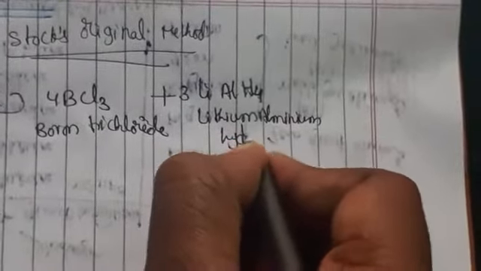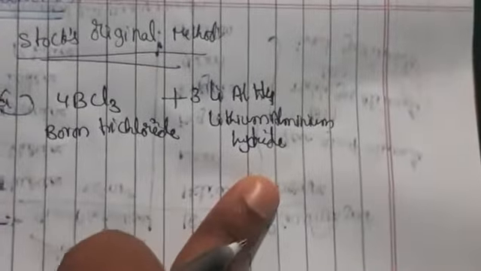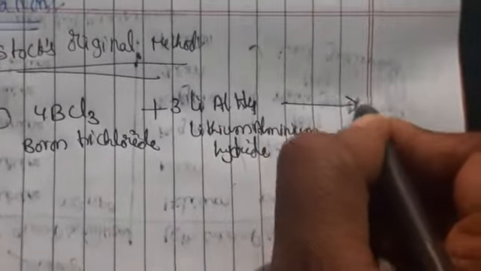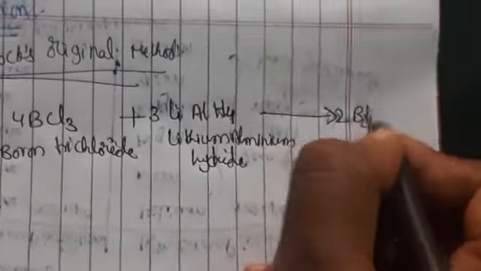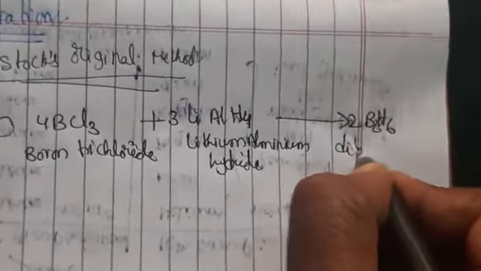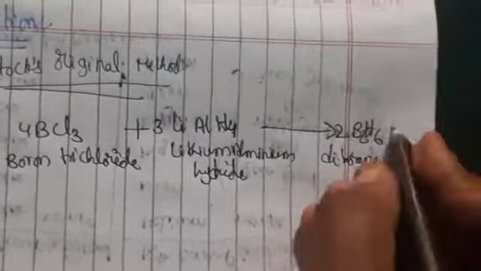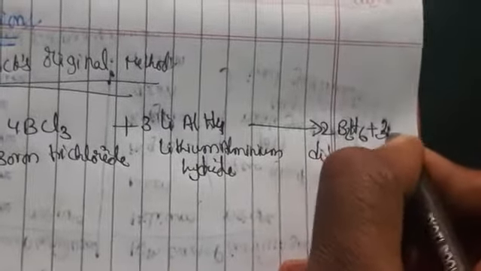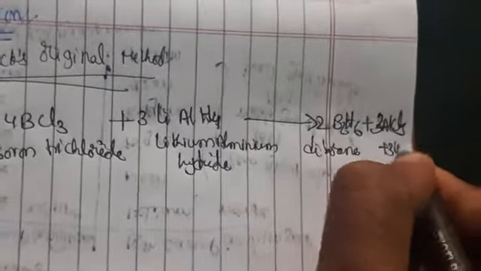When boron trichloride is treated with lithium aluminum hydride, we get diborane, and it forms the side products 3AlCl3 plus 3LiCl, aluminum trichloride and lithium chloride.